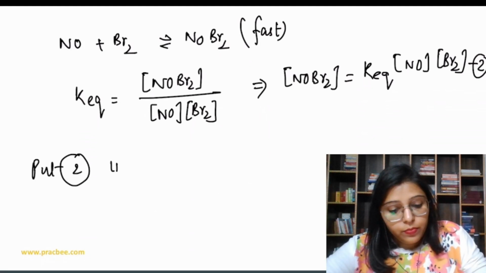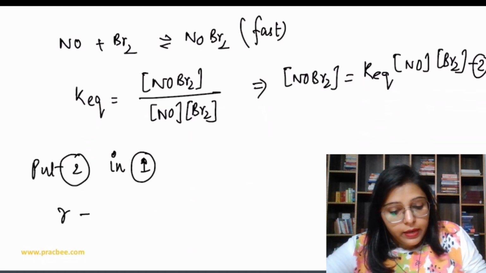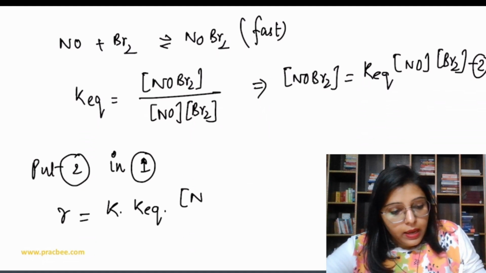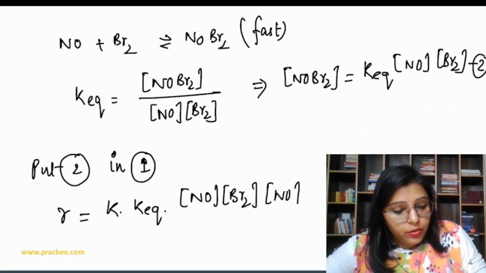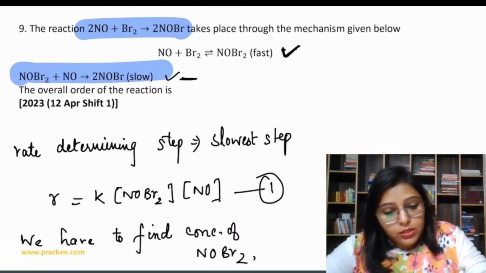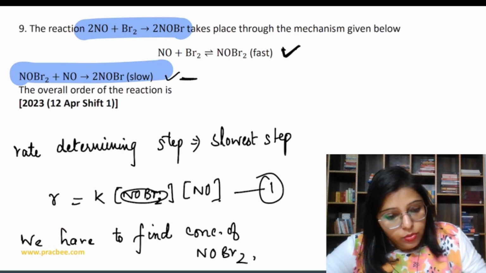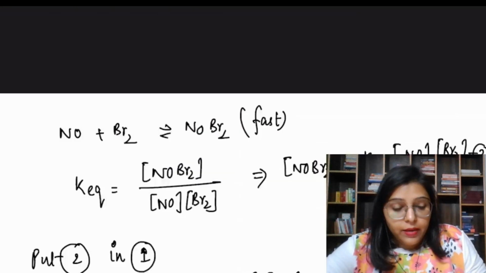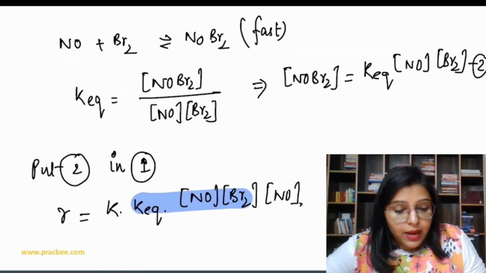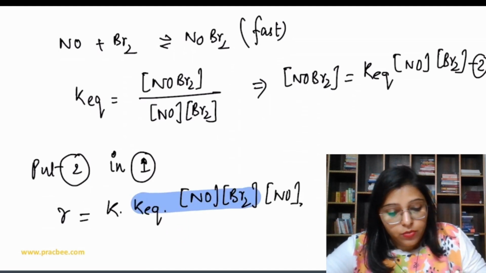On putting equation 2 in equation 1, we get rate is equal to K equilibrium [NO][Br2] and [NO]. Why? Because in place of NOBr2, I have written K equilibrium, NO concentration, Br2 concentration.